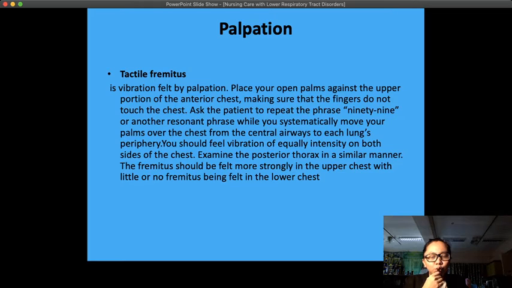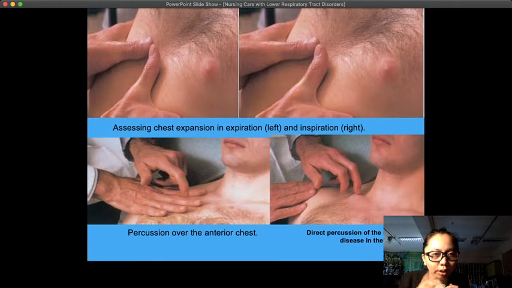You should feel vibration of equal intensity on both sides of the chest. Examine the posterior thorax in a similar manner. The fremitus should be felt more strongly in the upper chest, with little or no fremitus felt in the lower chest.